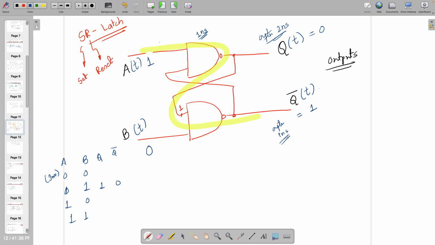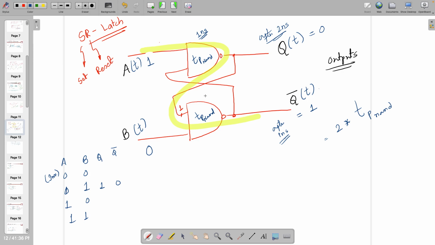And if I want to check both outputs, Q and Q bar, then it requires 2 nanoseconds. Or generalized, if TP of NAND is the propagation delay, then for this particular circuit the throughput needs to be checked after 2 times the propagation delay of NAND.